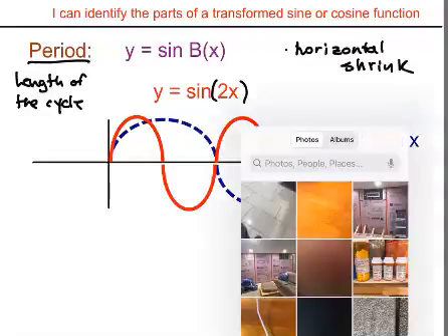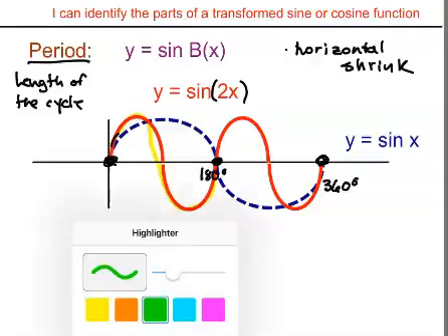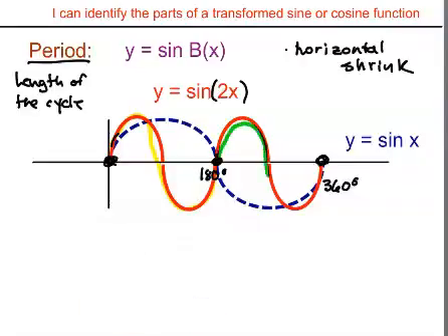I like to think of it as, if that blue dotted line is a typical one, this is one cycle. Well, notice the red one is where the new cycle ends. So this new cycle ends here at 180, and then there's another one again here from 180 to 360.